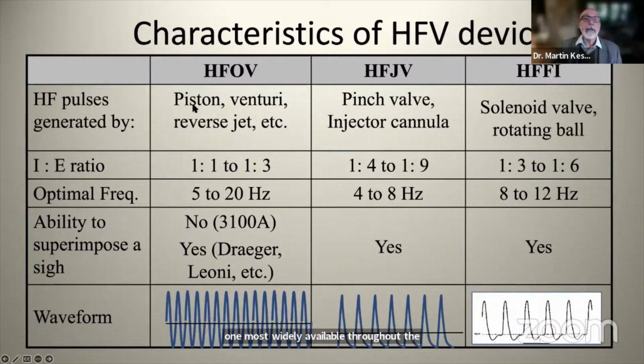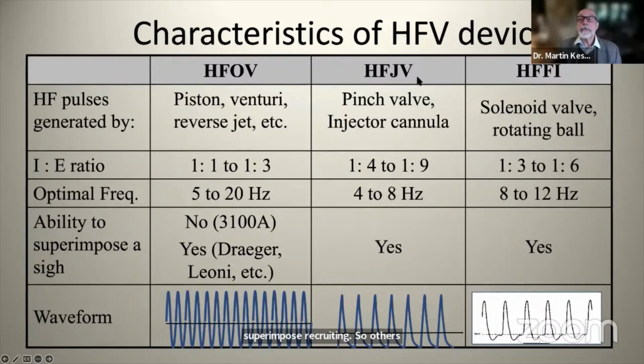And of course, that generates a symmetrical waveform at a 1-to-1 ratio, or somewhat asymmetric if you choose different ratios. The waveforms are generated by a variety of mechanisms. The operating frequencies range from 5 to up to as high as 20 hertz. Some of the older devices don't have the ability to superimpose recruiting PSI, others do.